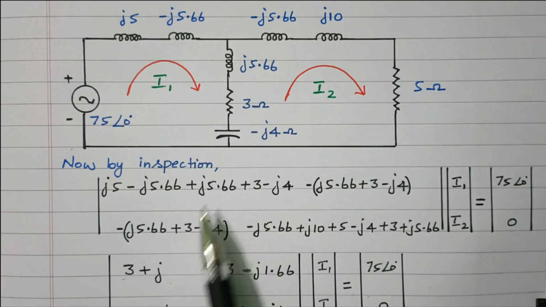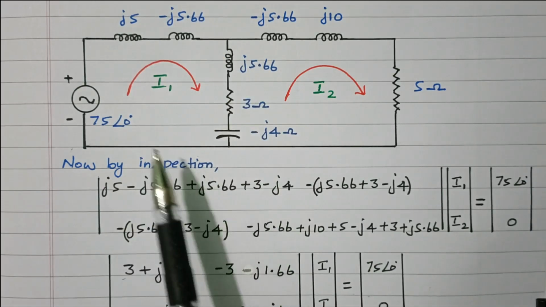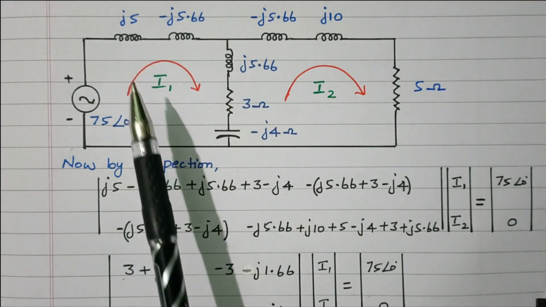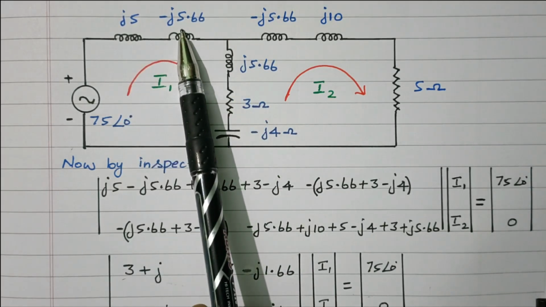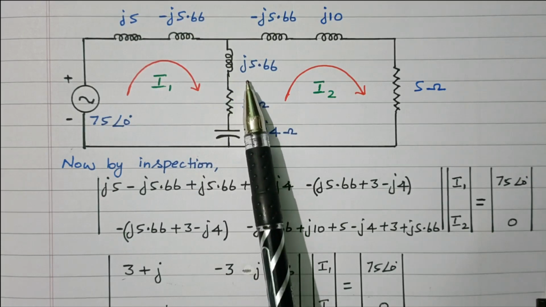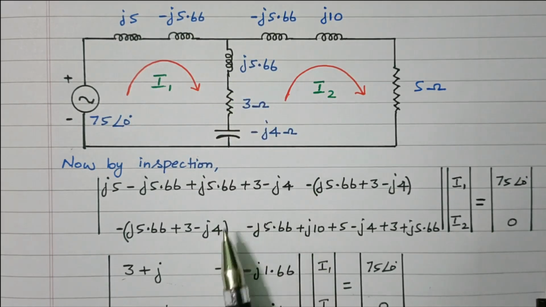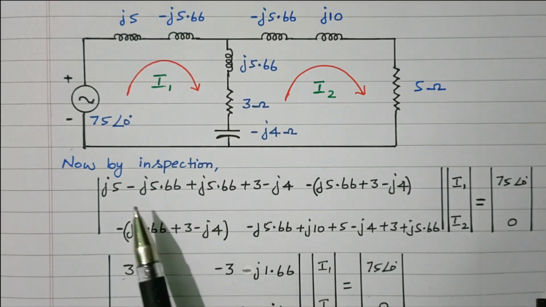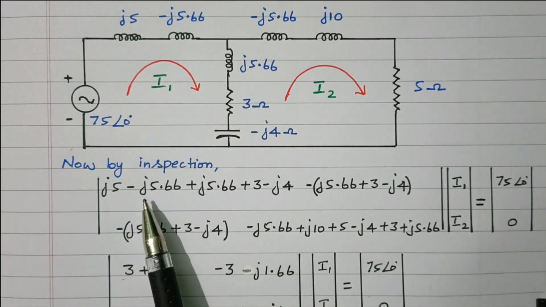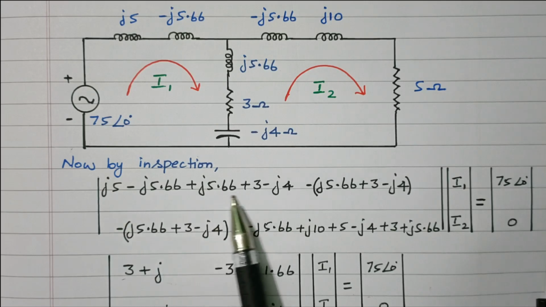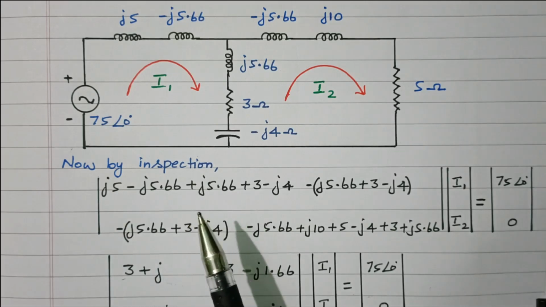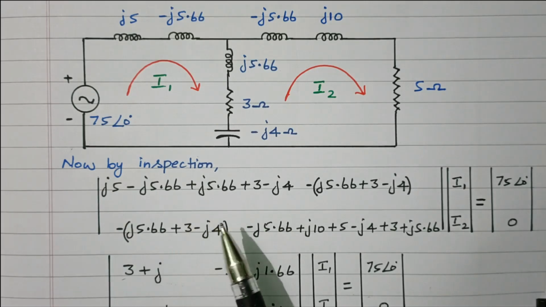Z12 and Z21 are nothing but the commonly available elements. Right? So first we will find this. So what are the elements available? j5 minus j5.66 plus j5.66 plus 3 minus j4. So all these elements are added. Inductor, capacitor and the resistor all are added together. So this is called an impedance.